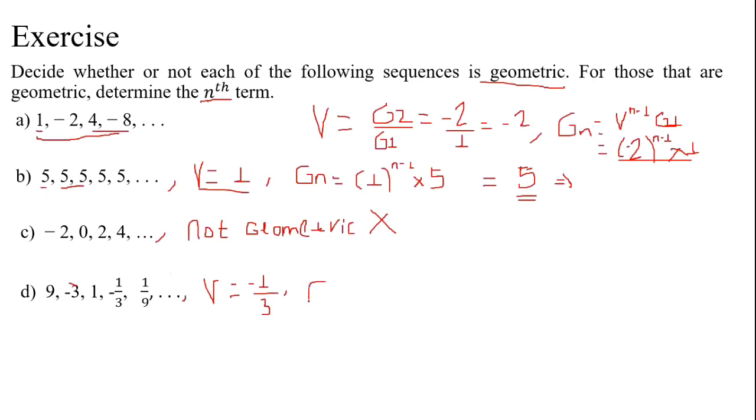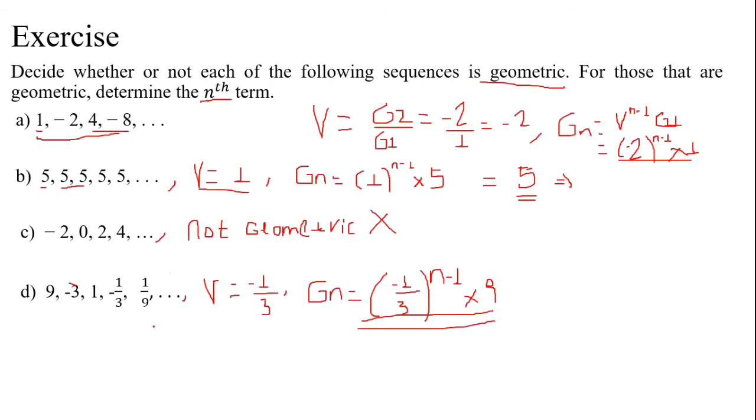Gn equals R, which is minus 1 over 3, so put minus 1 over 3 here, to the power of n minus 1, times the first term, which is 9. So this is a general formula for this listed sequence.